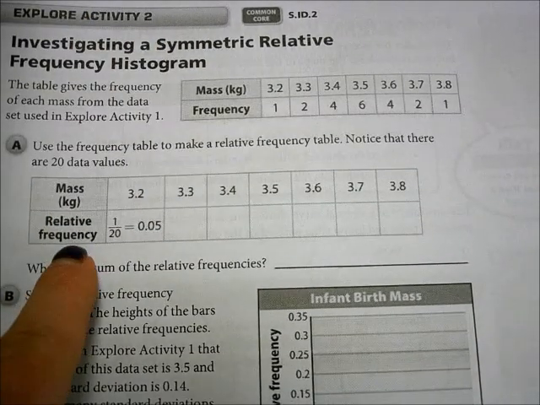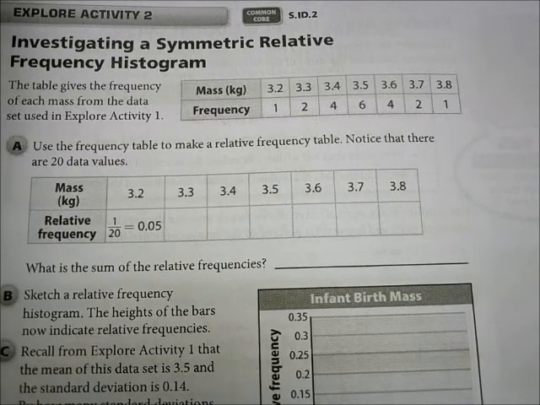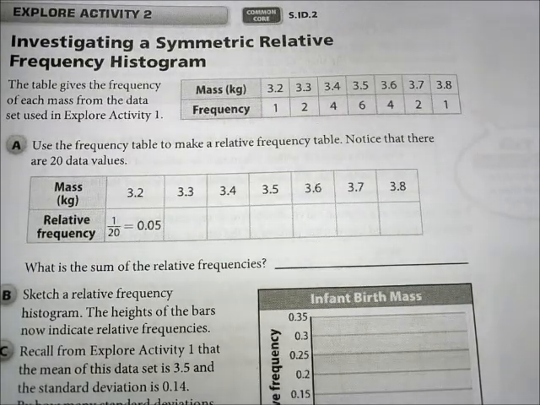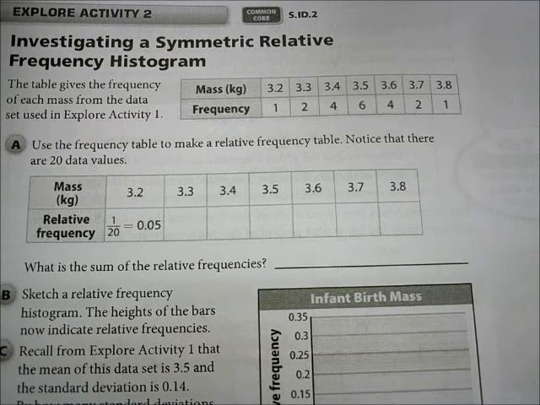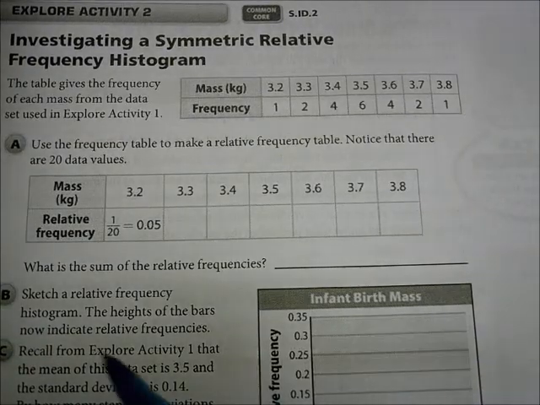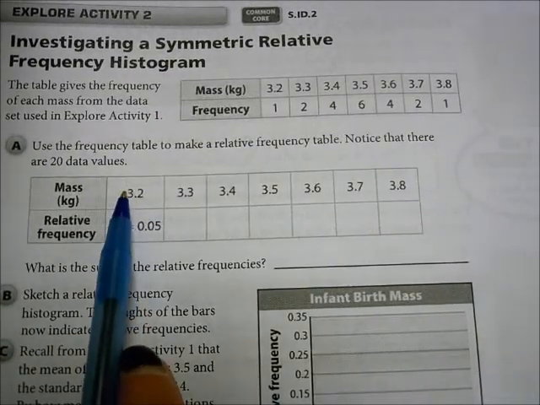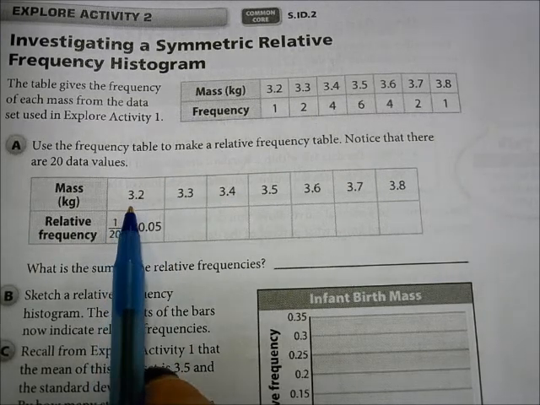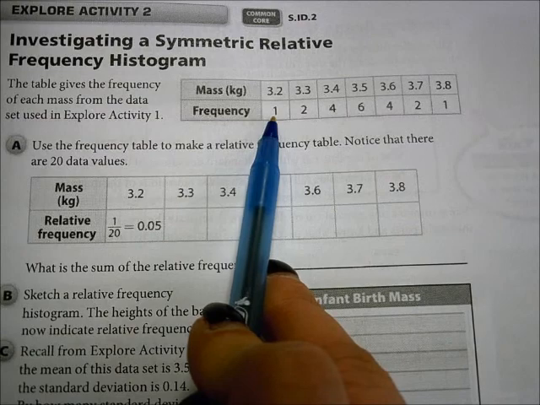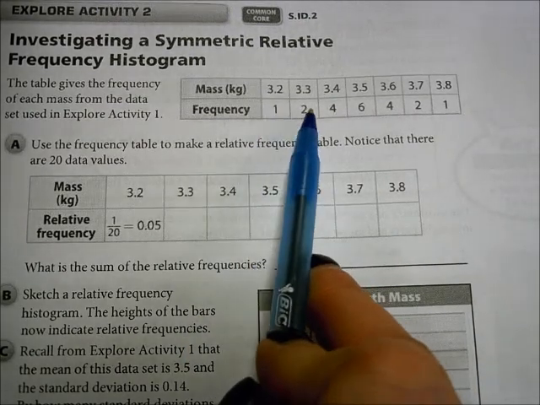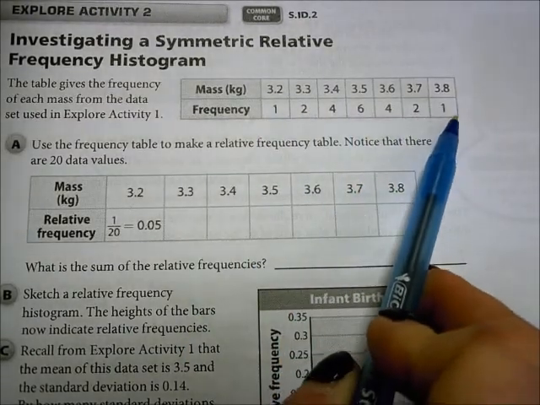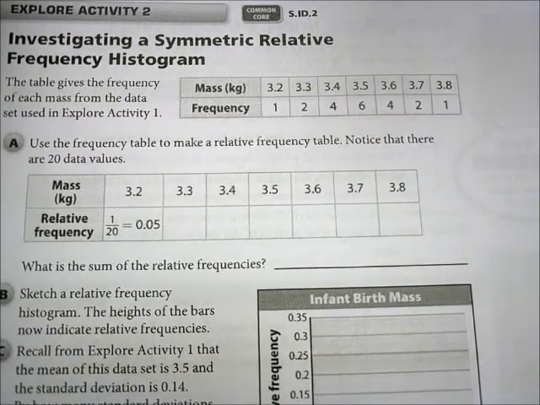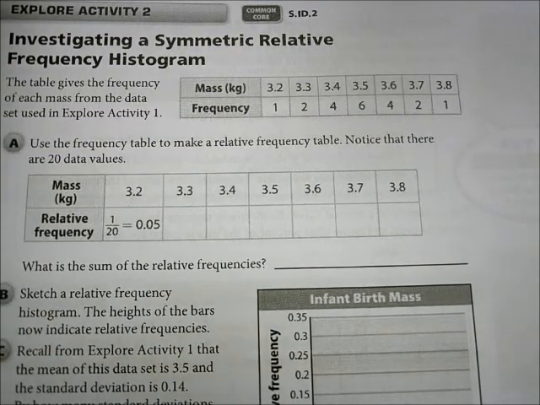Now, what I want to do is make a table that instead of just having their frequency, has their relative frequency. So if you take a look at the one that's done, there's 3.2 kilograms, and there was one baby or one infant at that mass. Now, if you add up how many infants there were, there were 20 of them. So that means the relative frequency for that mass is 1/20th.